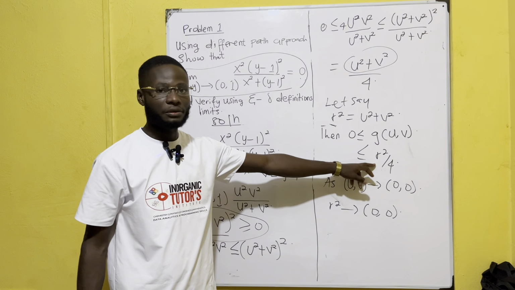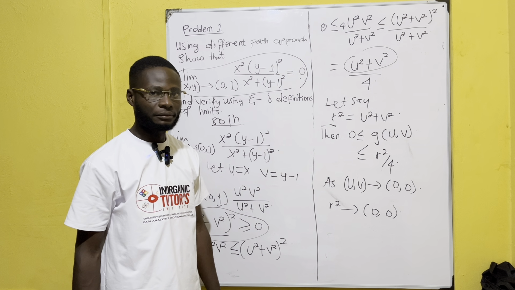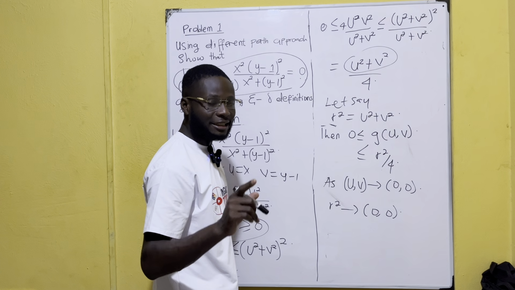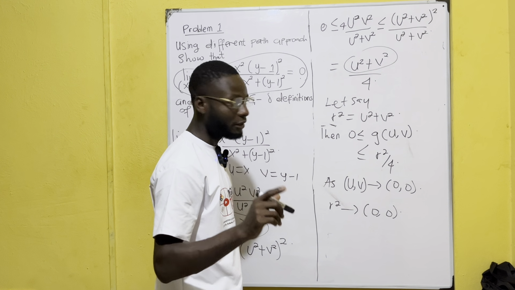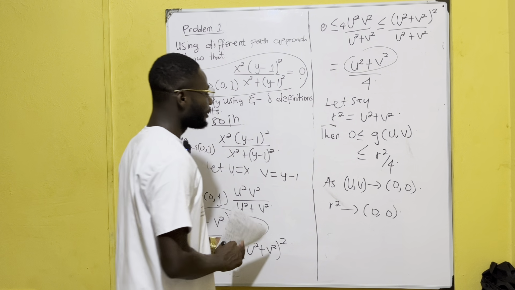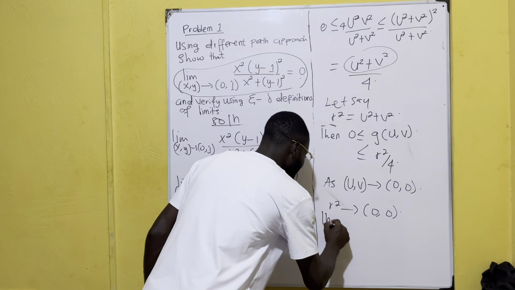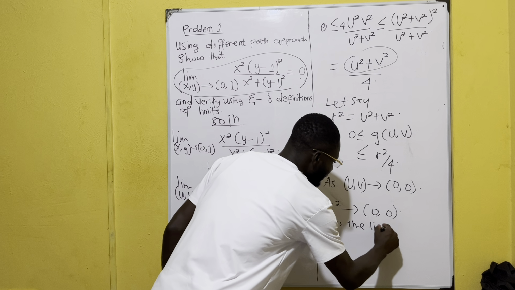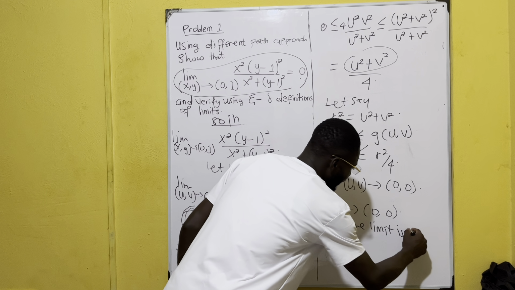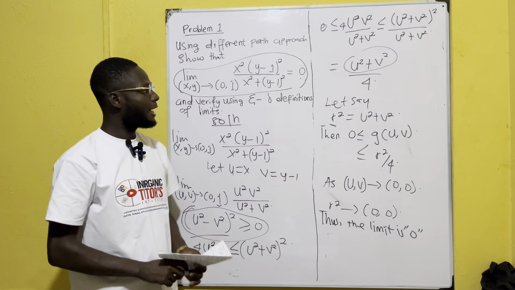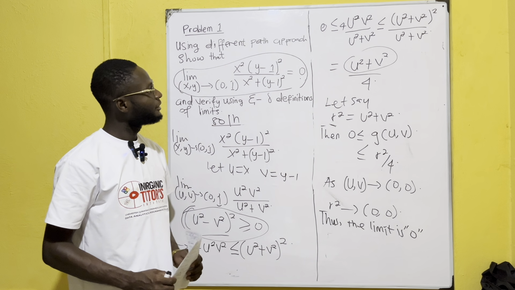Because if you put 0 here, you're going to have 0. So this should tell you that the limit is actually 0 if you use the identity. So the limit is 0. All right, I believe you get this right.